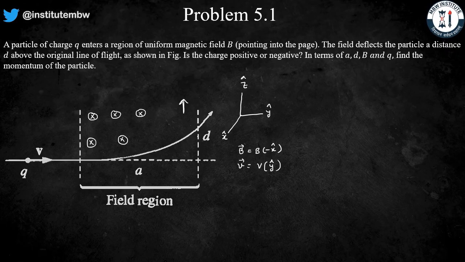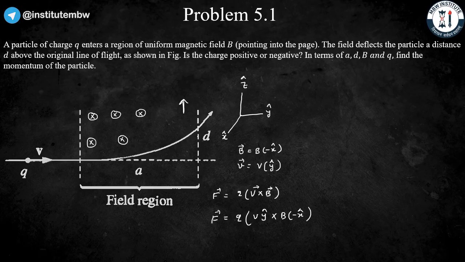We know that F vector is equal to q v cross B. So F vector is equal to q times v y cap cross B minus x cap.